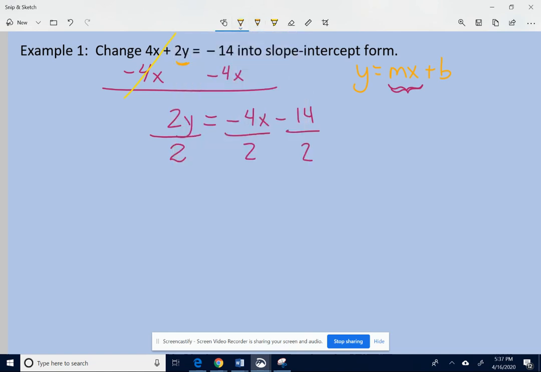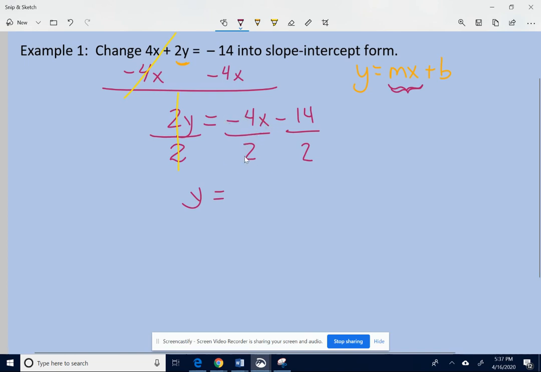I promise this will get easier the more you practice this. So 2 divided by 2 turns into 1y, which is y. Last thing we need to do is to simplify. Negative 4x divided by 2. Just think of this as negative 4 divided by 2 with an x attached.